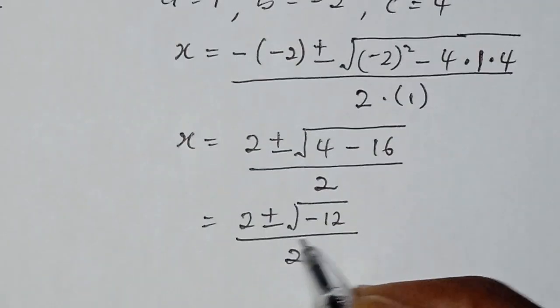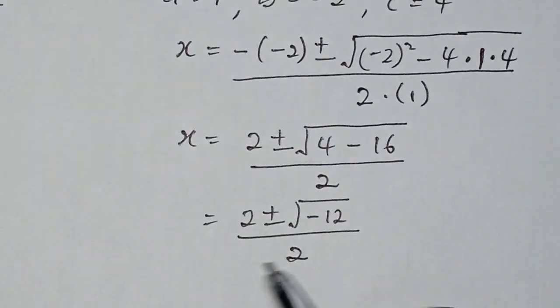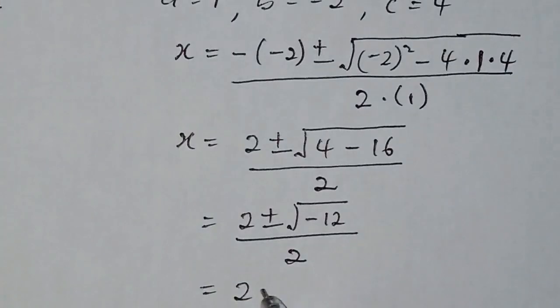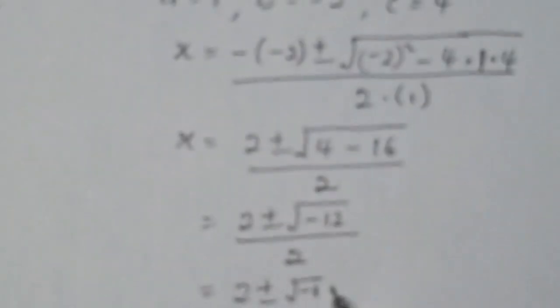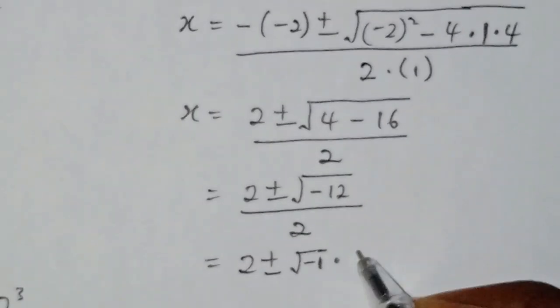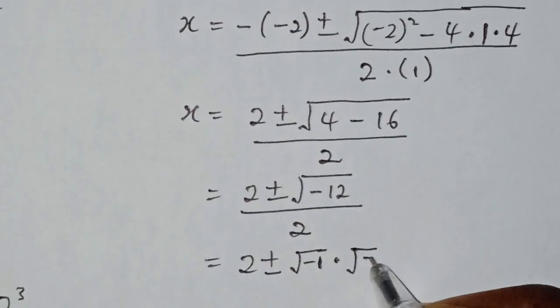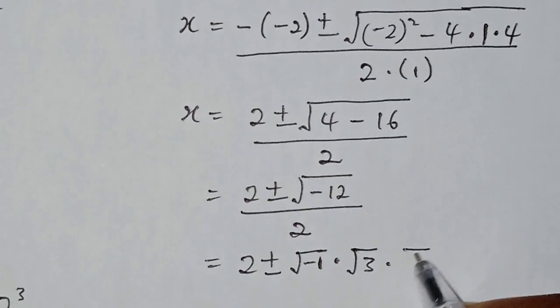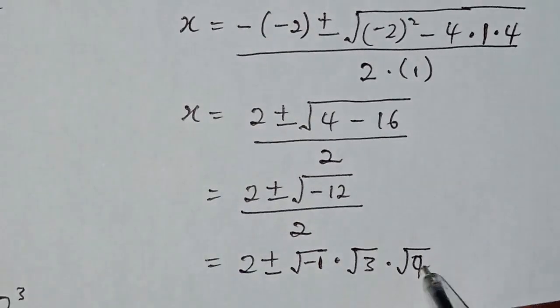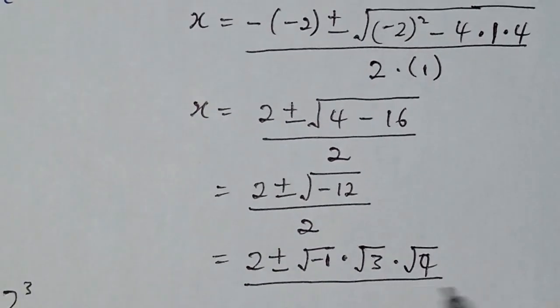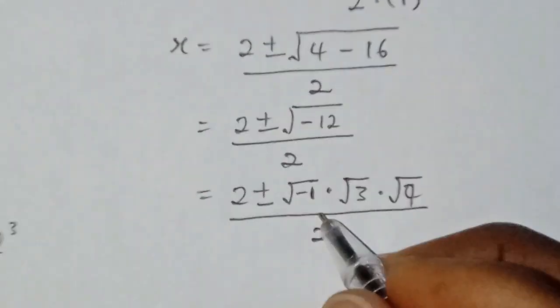And we can split this radical as equal to 2 plus or minus square root of minus 1 multiplied by square root of 3 multiplied by square root of 4 over 2.